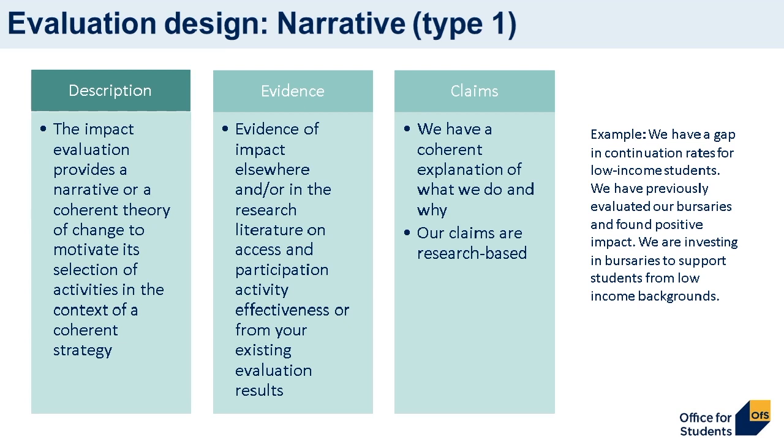So within this example, the provider can explain that it does have a coherent explanation of what it's doing and why, and it can say that its claims are research-based. Obviously, that doesn't interrogate how strong the evidence was in the first place, but at least it gives that narrative, which then you can start to interrogate and unpick in future.